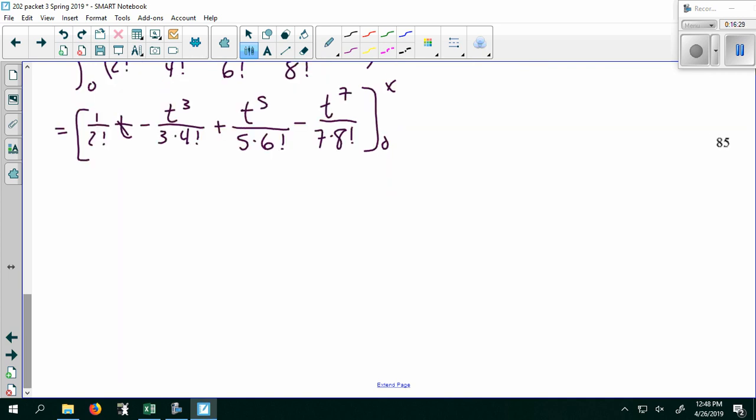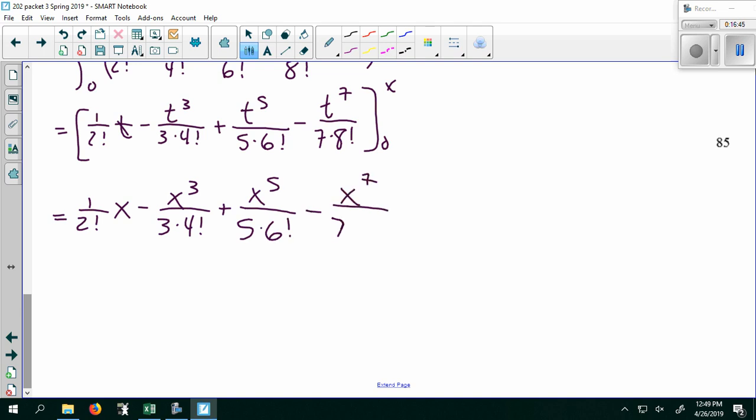So I'm going to plug in an x first, and I get 1 over 2 factorial times x minus x cubed over 3 times 4 factorial plus x to the 5th over 5 times 6 factorial minus x to the 7th over 7 times 8 factorial plus dot, dot, dot.